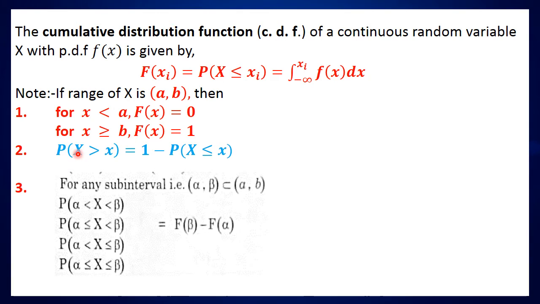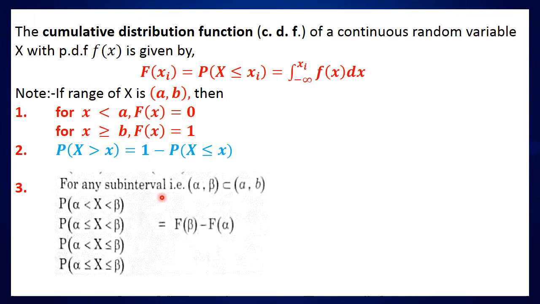Now, p of x greater than x is equal to 1 minus p of x less than or equal to x. If we need to find the probability when x is greater than some value, that is obtained if the value of x is large, then we can find using this relation, that is total probability is 1. So we can subtract p of x less than or equal to x from 1.